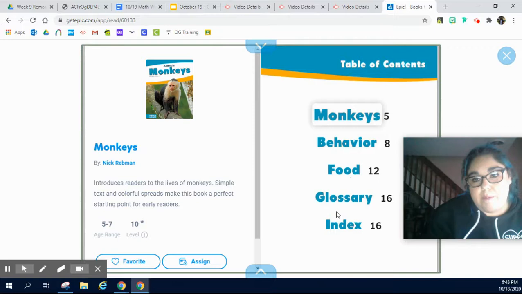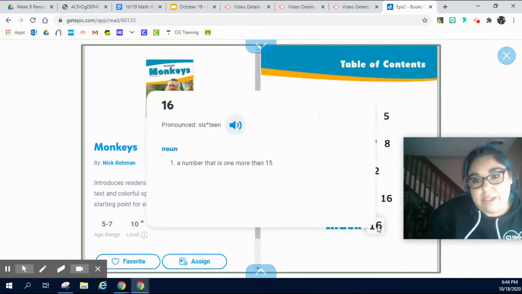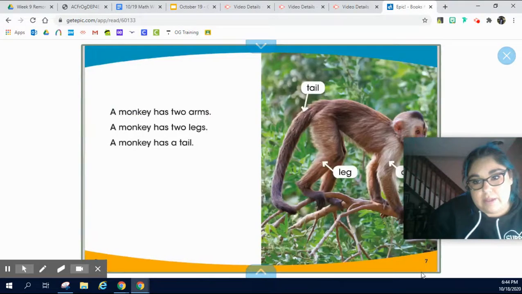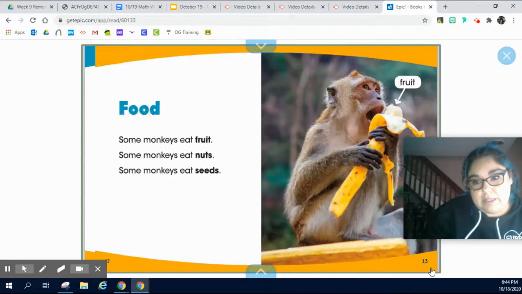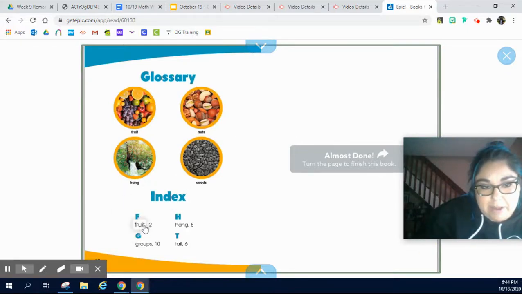If you click on the index, if we go to page 16, this is the index, and it gives us big keywords. It tells us what page those things are on, and it's in alphabetical order, okay?